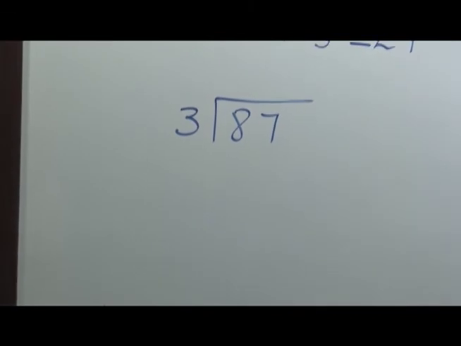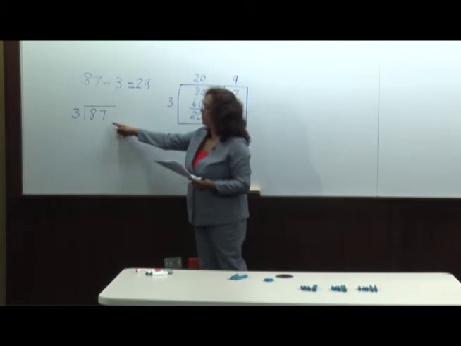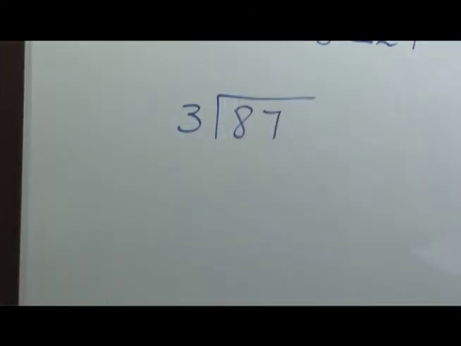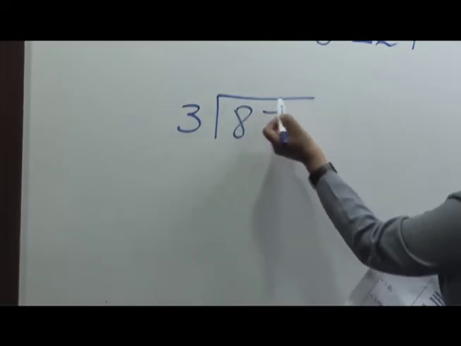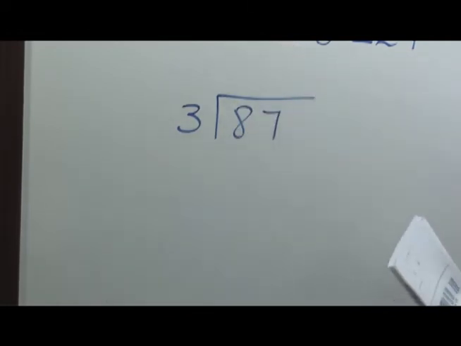Right. And you should know that this is another way of writing a division problem. And this here is another symbol for division, just like this. So we're going to use what we've done here to solve it like this. So we're getting to that algorithm.